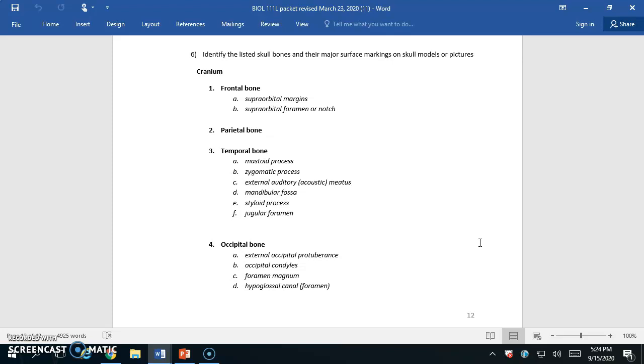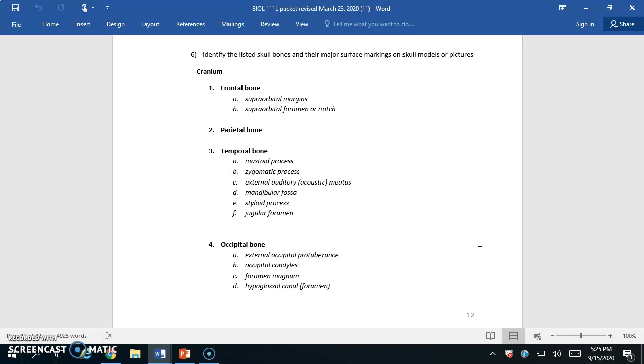And what a bone marking or a surface marker means is that is where something significant happens on that bone. So it might have a name because that's where a joint happens. That's a place where that bone connects to another bone.